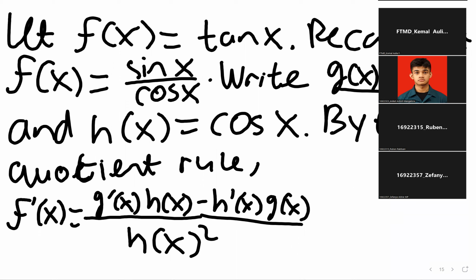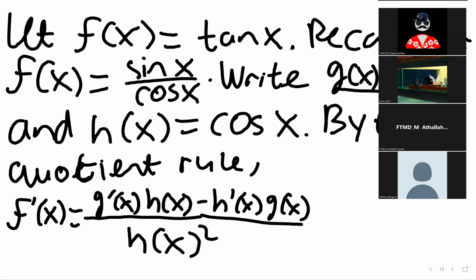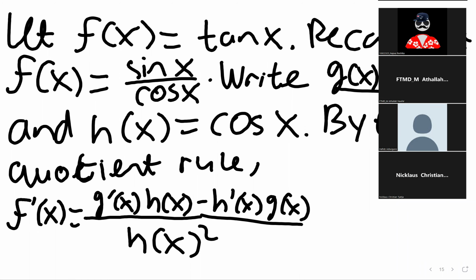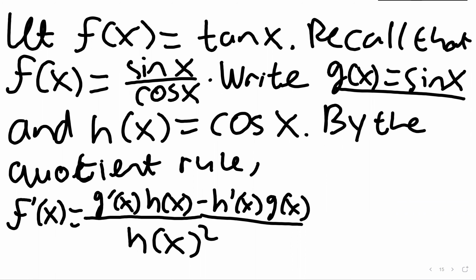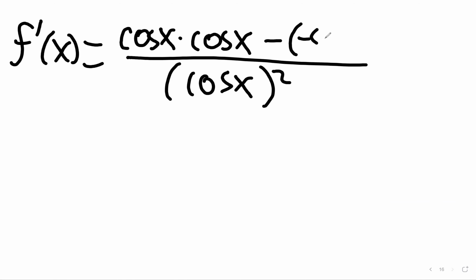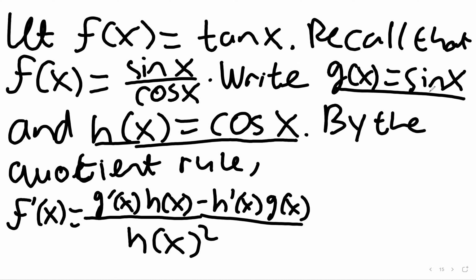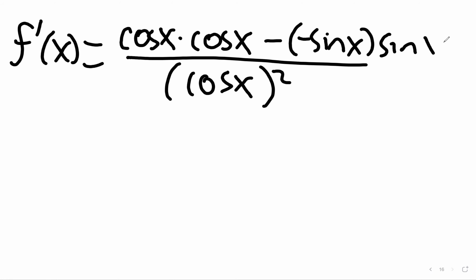If h of x is cosine of x, what is h prime of x, Bimo? Anya? Yes, sir. Okay, if h of x equals cosine of x, then h prime of x is minus sine of x. Okay, good. Minus sine of x, and g of x is sine of x. So, sine of x.